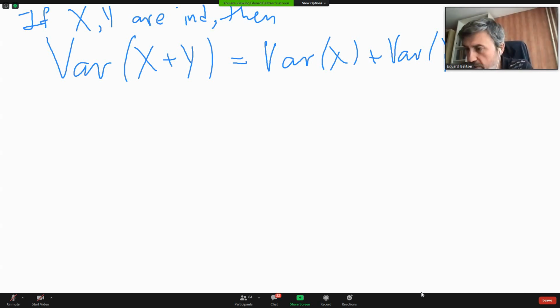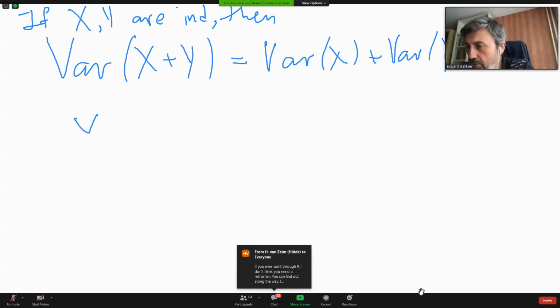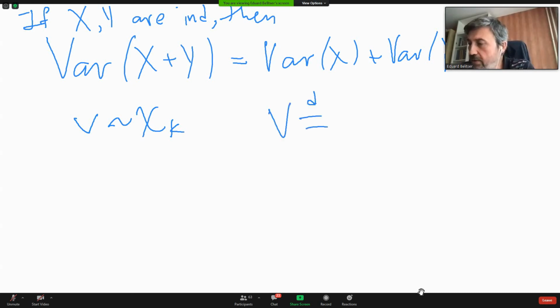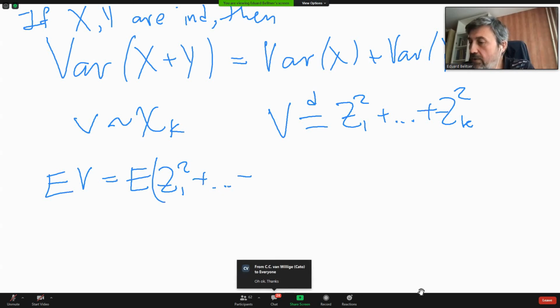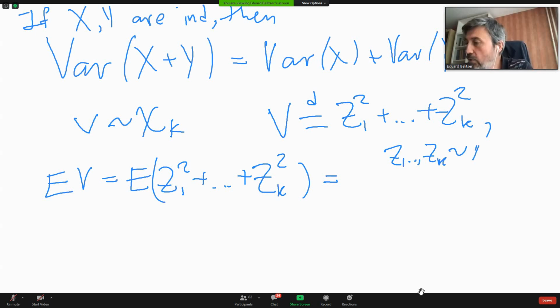Remember with chi-squared, if some variable v is chi-squared with parameter k, that means this variable has the same distribution as Z1 squared plus and so on plus Zk squared. So the expectation of V is equal to the expectation of Z1 squared plus and so on plus Zk squared, and that's because Z1 and so on Zk are from normal (0, 1).